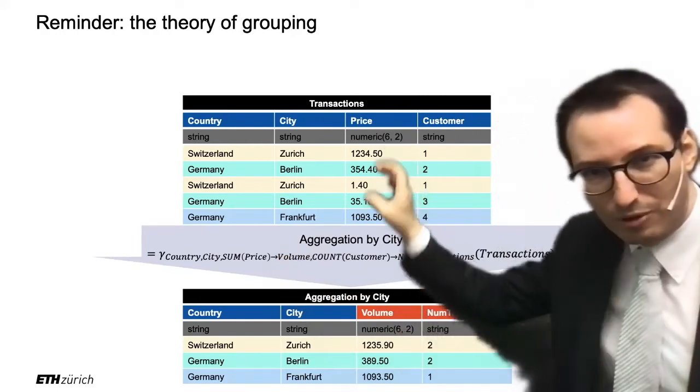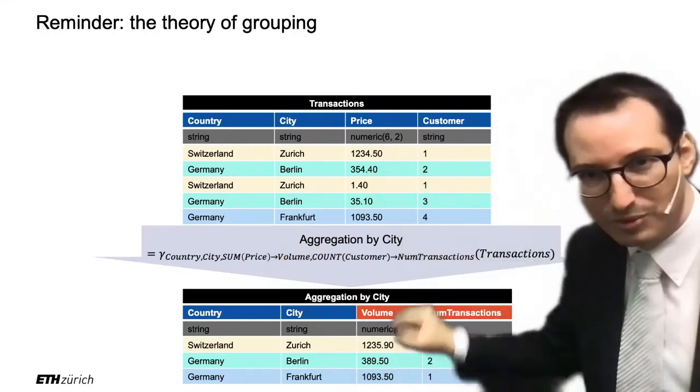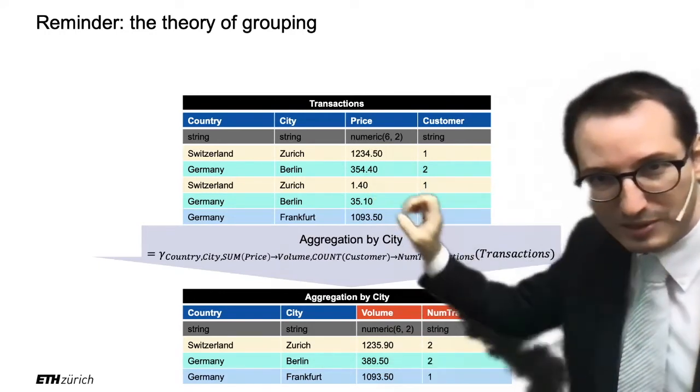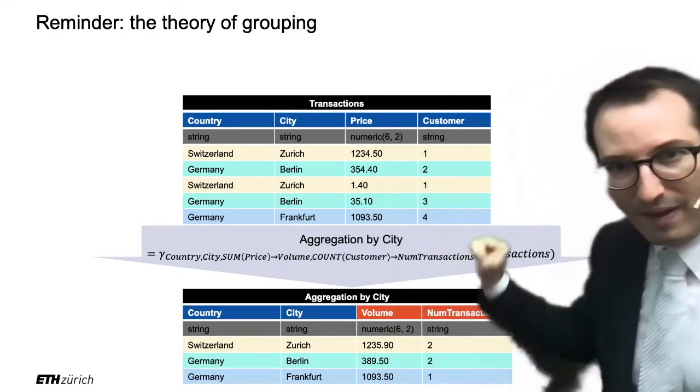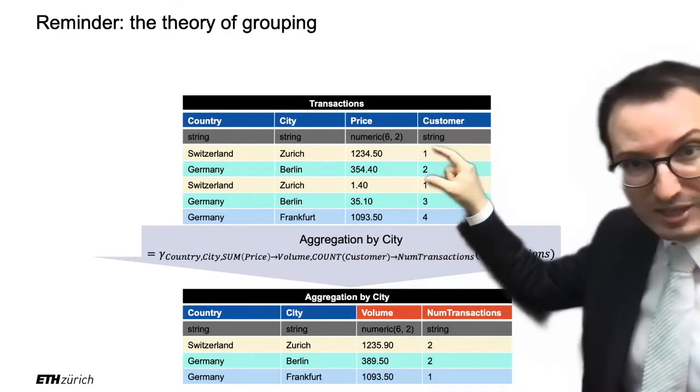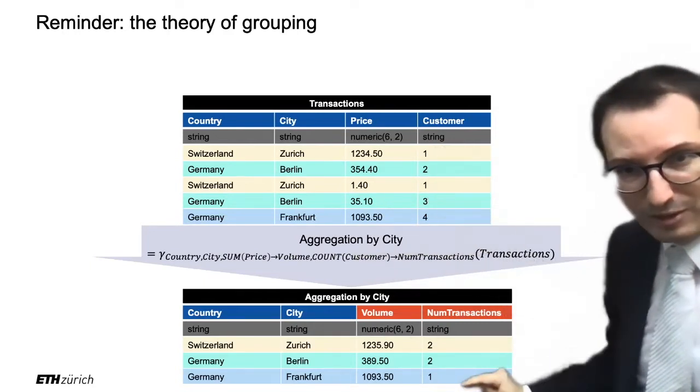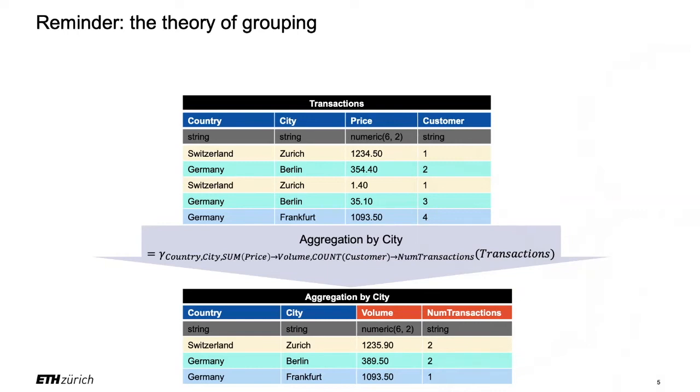Volume is a sum over the prices. So this plus this gives you this, plus this gives you this, and this gives you this. And here we count the customers. So there's two of them here, two of them there, and one of them there. What's important is that count by default is throwing away the nulls if you do it on a column, right? Here we don't have any nulls, but I will come back on that.